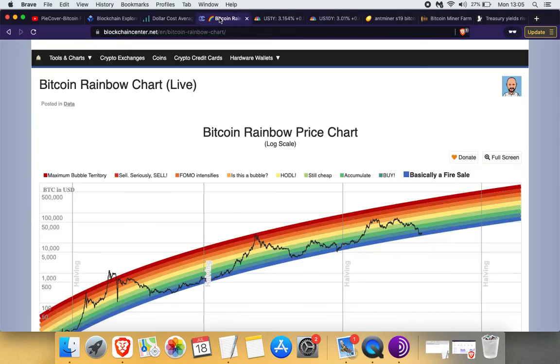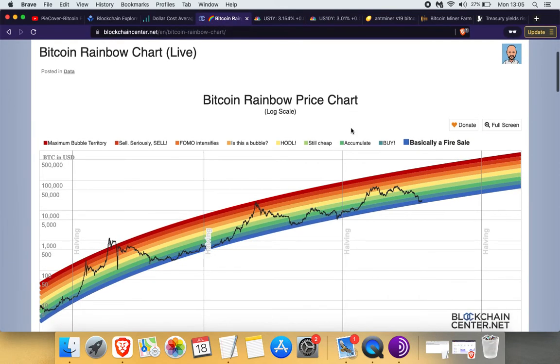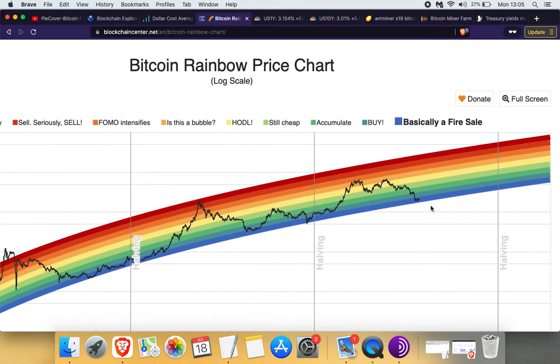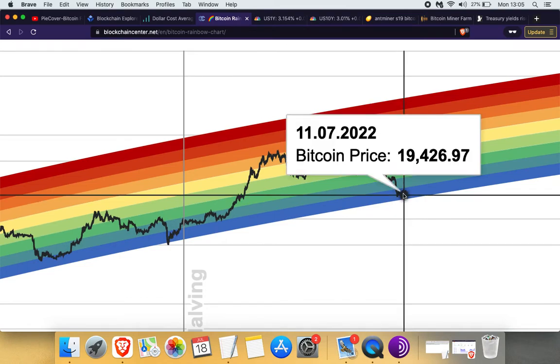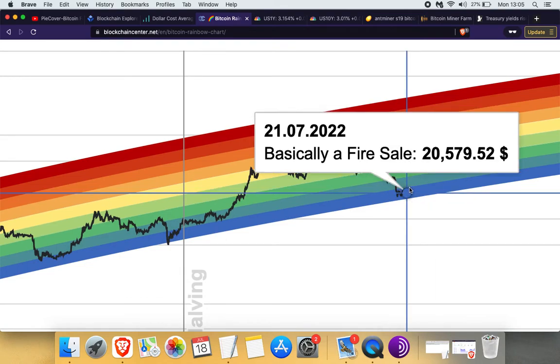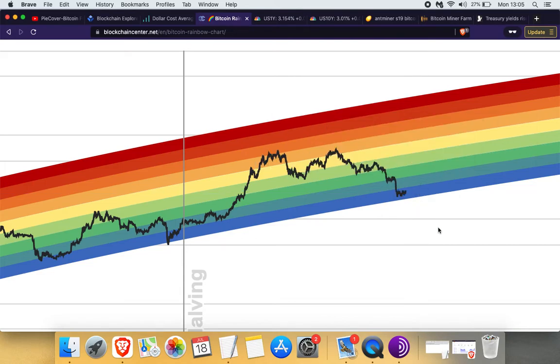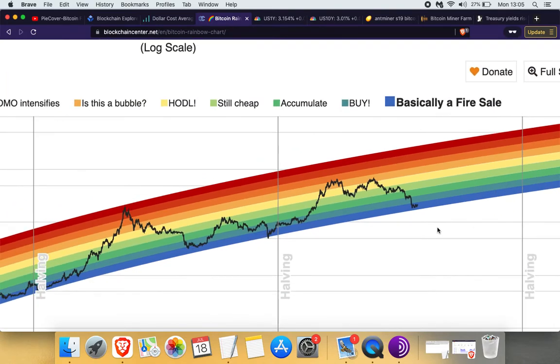And let's look at this chart over here. The rainbow chart is hovering over here. Let me see if I can zoom in a little bit. You can see over here it's just bouncing around. For a lot of people, this is insurance.